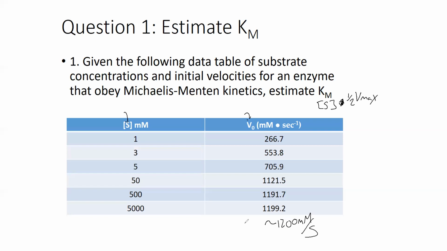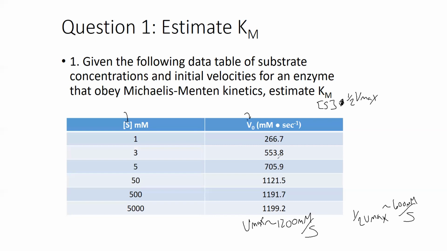That means if 1200 is our Vmax, our 1/2 Vmax is roughly 600 millimolar a second. And then we have to find 600 millimolar on this table.